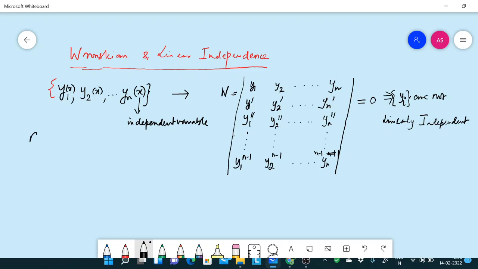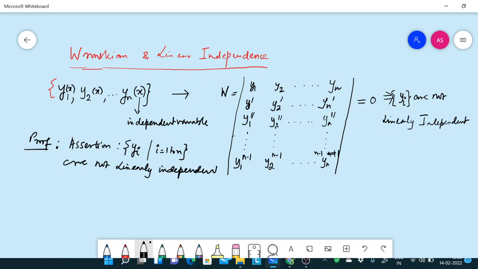So as a proof of it, let me assert that these functions are not linearly independent. So our assertion is that these y_i's, where i goes from 1 to n, are not linearly independent. If this is true, then what does it mean?